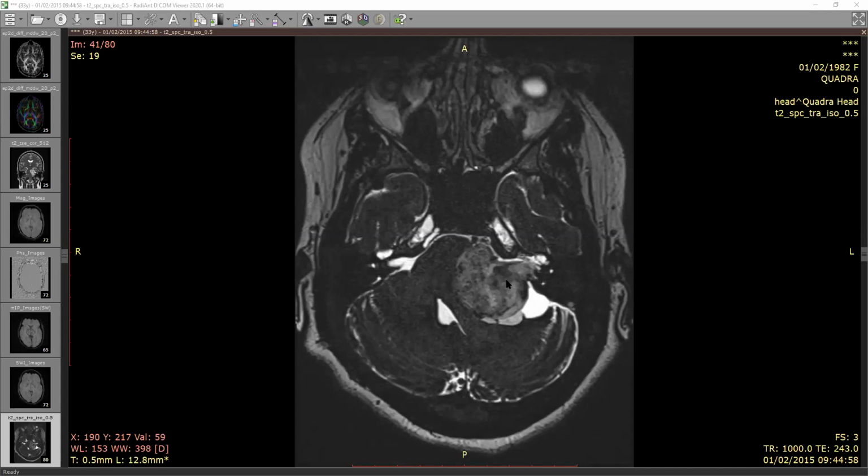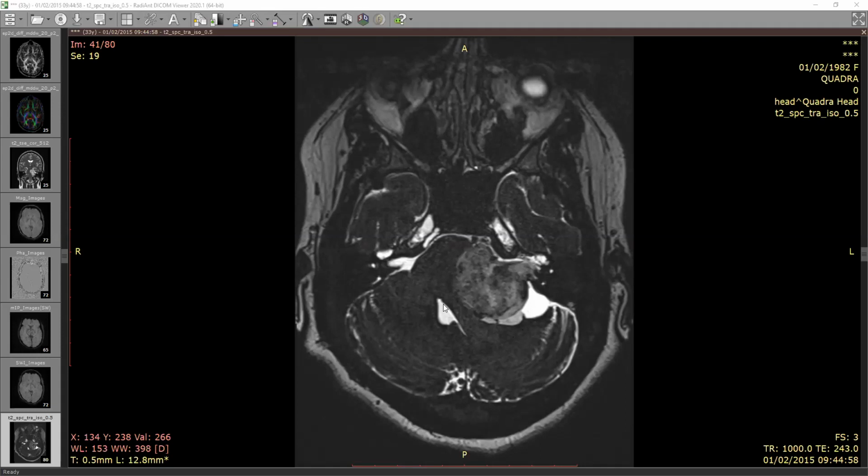So what I'm trying to say is that the intensity of this entire lesion is not homogeneous. You cannot say a homointense lesion. It's a heterogeneous, or heterointense, lesion occupying the left cerebellopontine angle, extending into the left internal auditory canal. Look at the internal auditory canal here, but over here you can hardly visualize it. It is compressing the brainstem and the cerebellum and causing a midline shift.